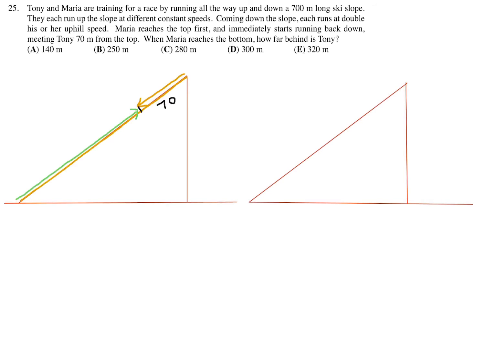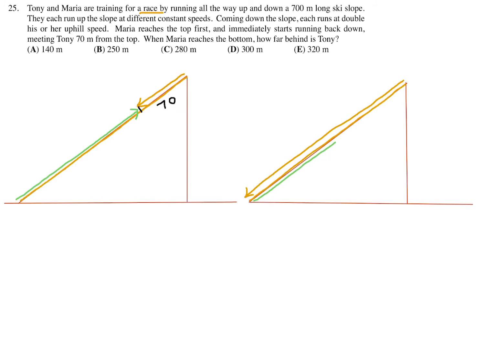similar. As you continue this race, Maria went all the way up, and now she's coming all the way back down, and she reaches the bottom. But at this point, Tony is still running, right?